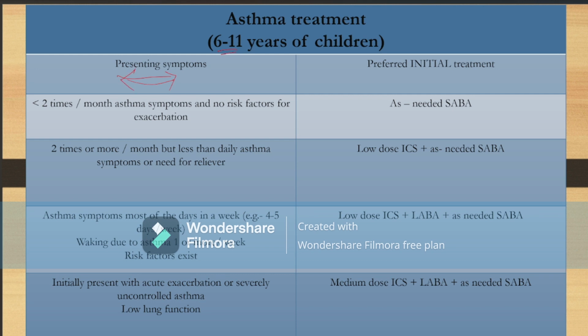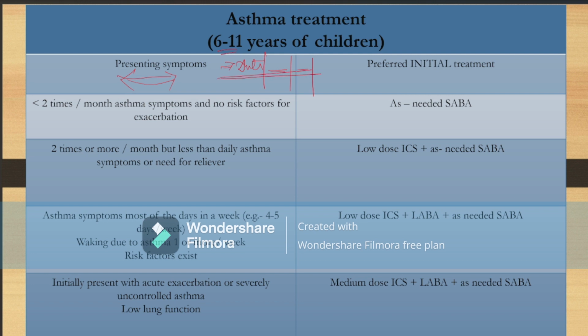In this diary, we tell the mother to note the proper date and history of any day symptoms for which the child takes reliever therapy, then night awakening, and last is exacerbation in the last 3 months or 1 year. We tell the mother to make this diary properly.